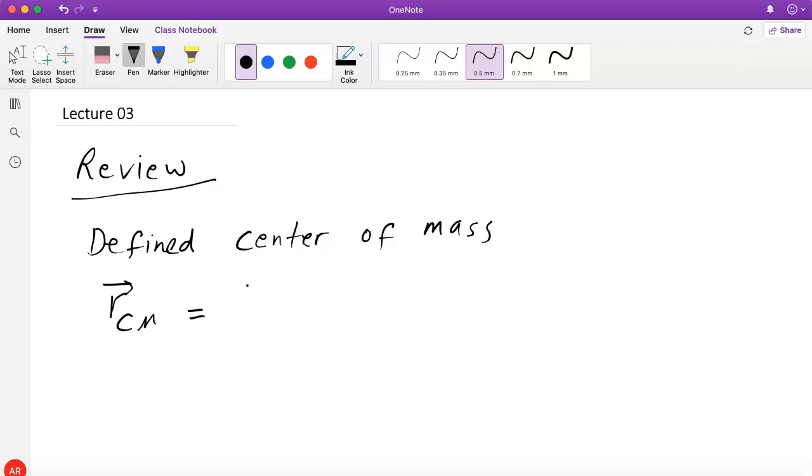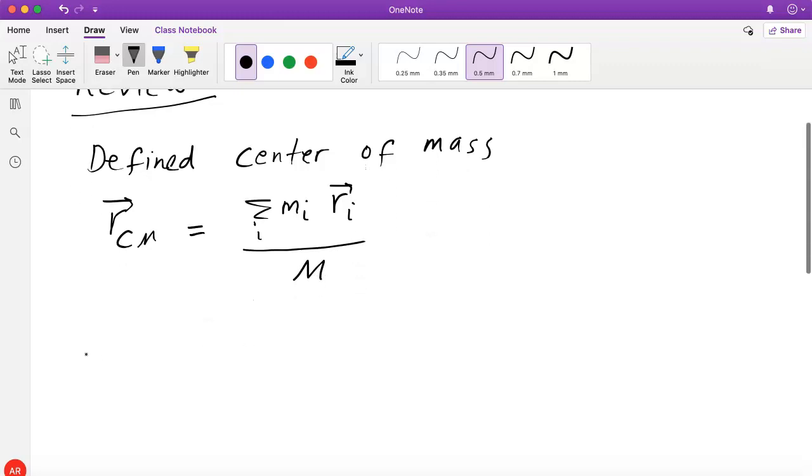And the weight is proportional to the mass. So we wrote it as the sum over i of m_i, the mass of particle i, times r_i, the vector to the position of particle i, divided by the total mass.